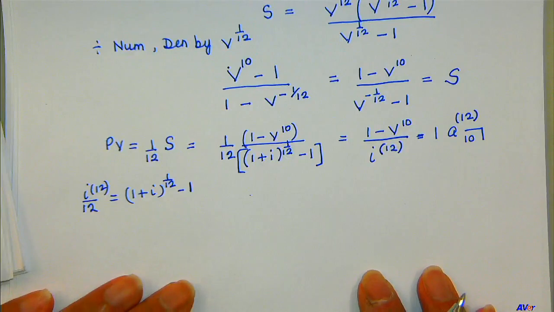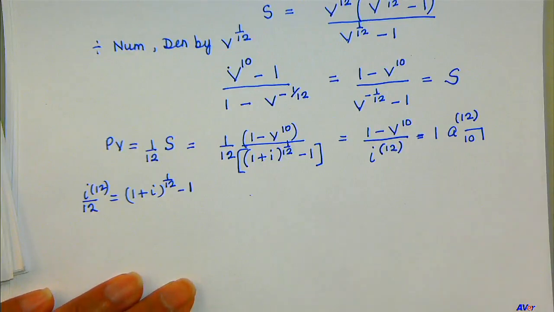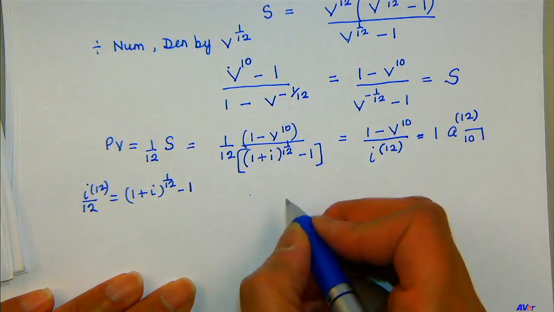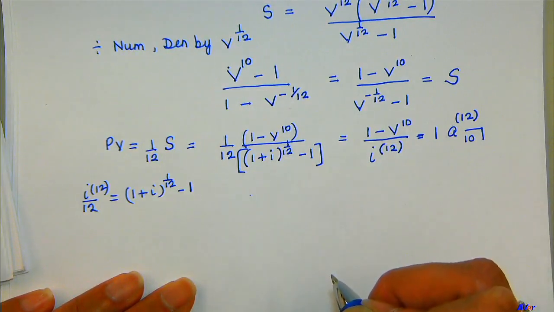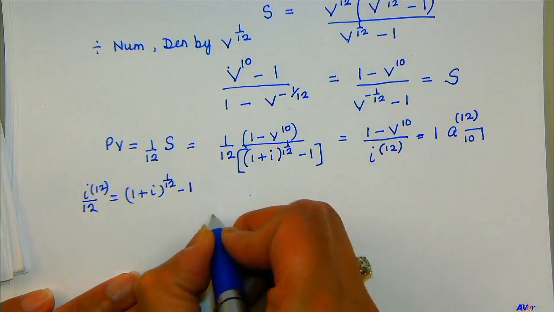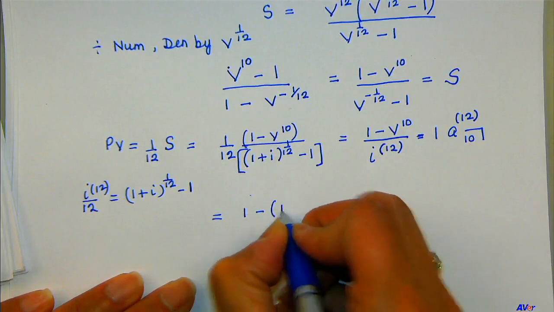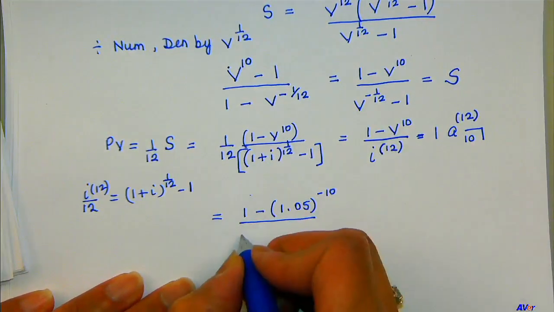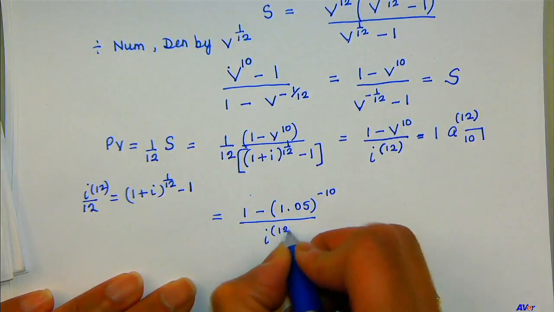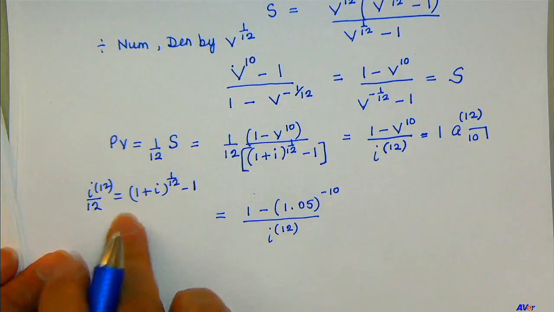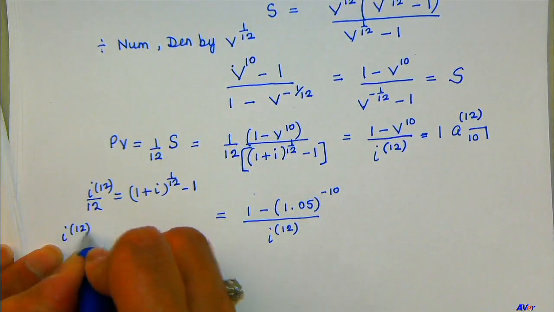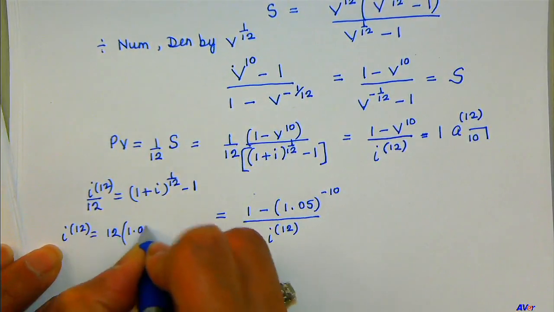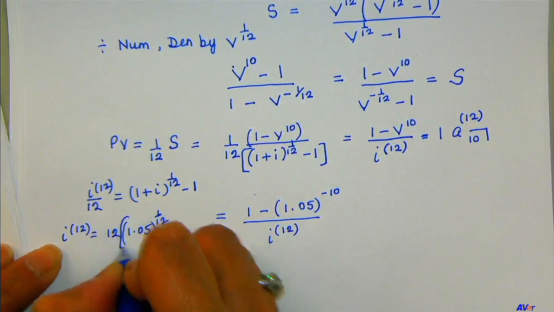So how much would this be? Can we clean it up? Because they gave us numbers, right? So my interest rate was 5%. So this would be 1 minus 1.05 to the minus 10 divided by some I-12, which I have to find. So I plug it in here. I-12 is equal to 12 times 1.05 to the 1/12 minus 1.